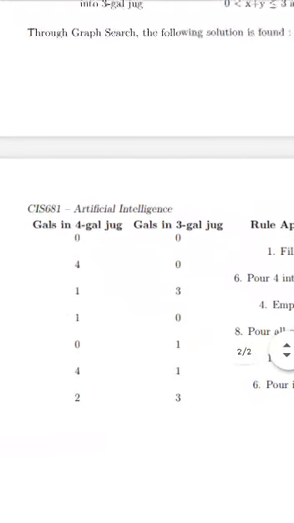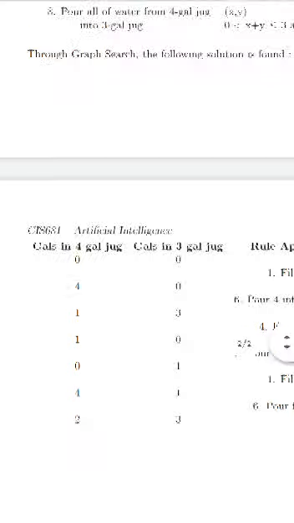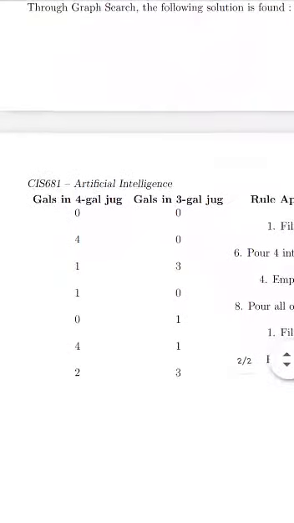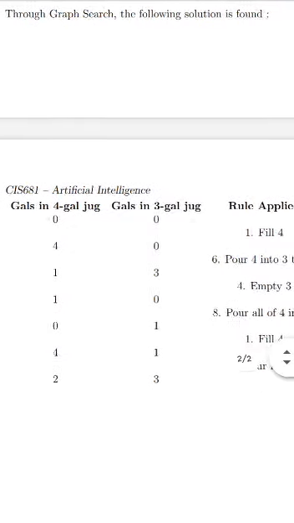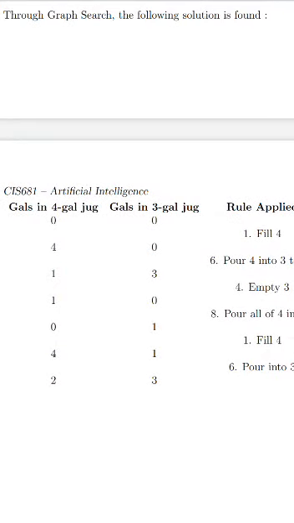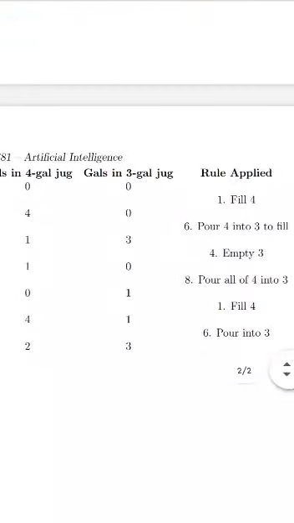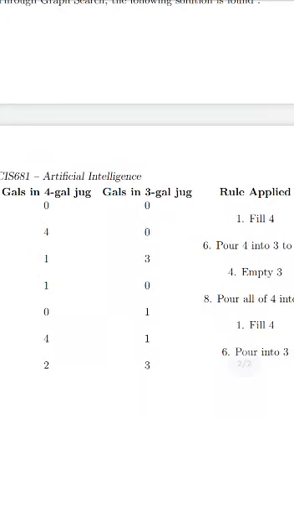Here we pour some water from X to Y. X already has 4 and we transfer from X to Y, so Y has 3 liters and X has 1 liter. Third, rule 4, empty the 3. We empty all the water available in Y, the 3 liter jug.